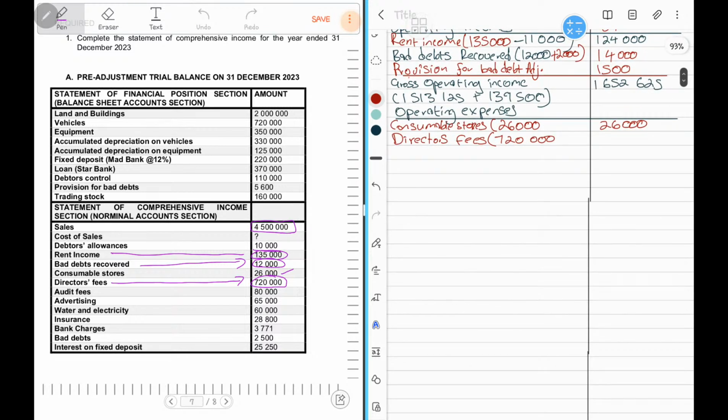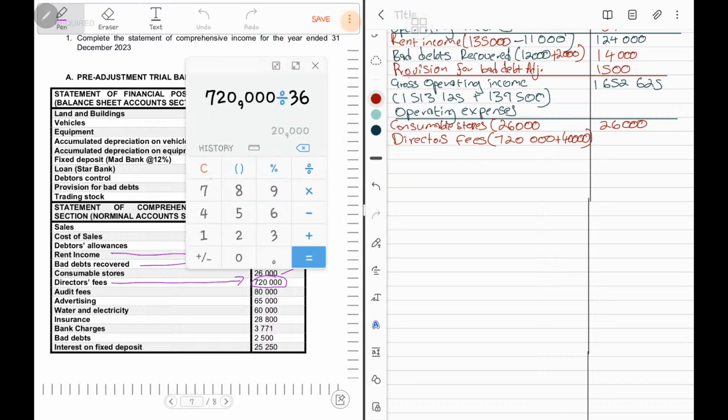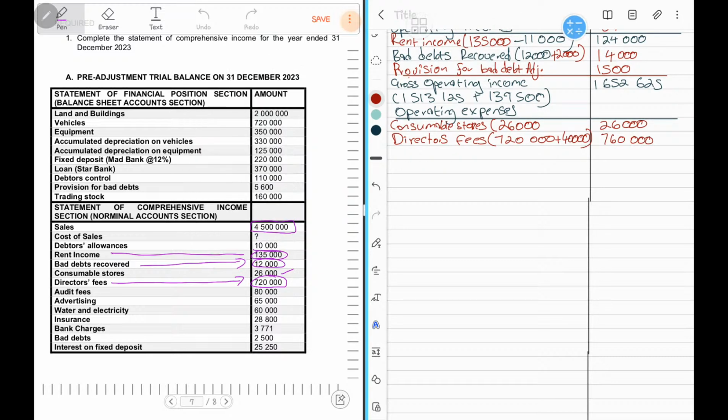So we're going to come here and add the 40,000. Then that will give us the total directors fees for the year. So it will be 720,000, then we add 40,000. That gives us 760,000. I hope it's clear, this one.